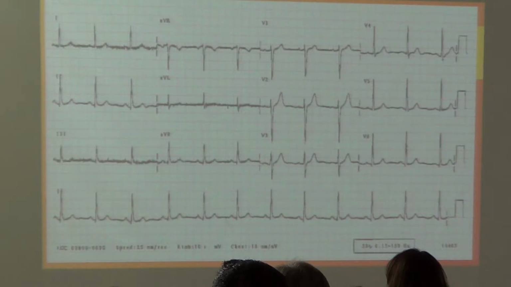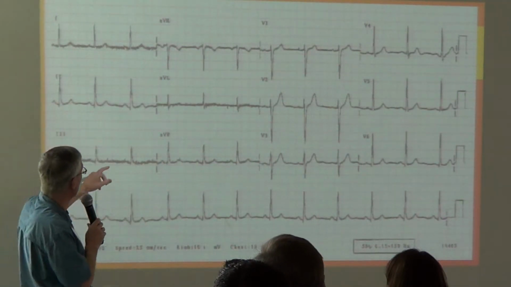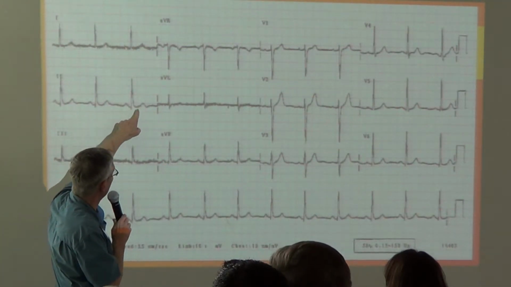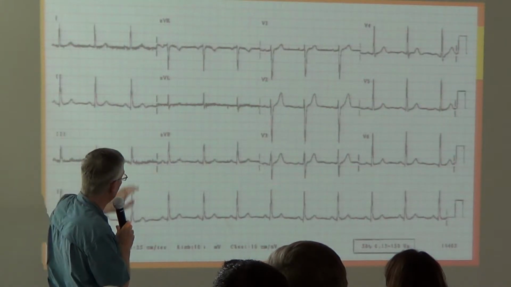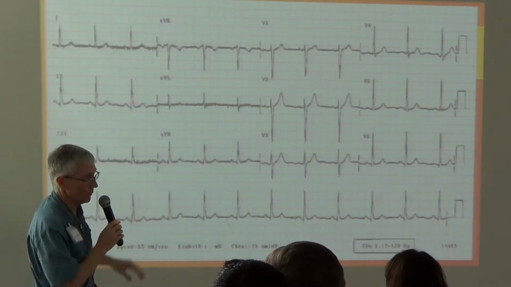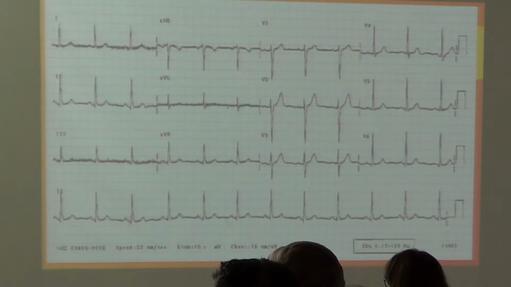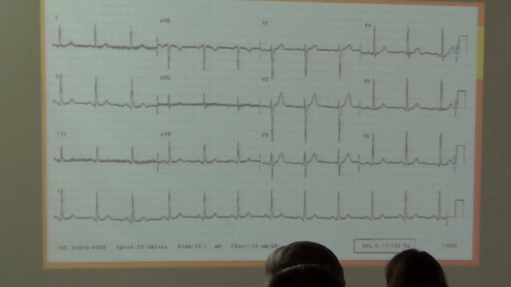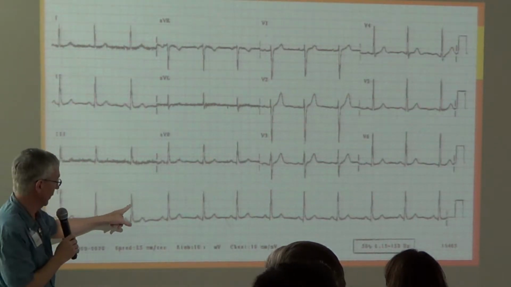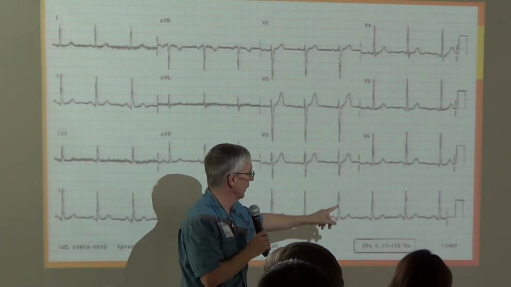You see how all of these have approximately the same pattern that we discussed before, and then depending on where the little squiggles are, it tells us things like whether the person has had a heart attack or is having a heart attack right now, or whether the rhythm is regular. You can see that the rhythm is regular here. This is a regular rhythm.